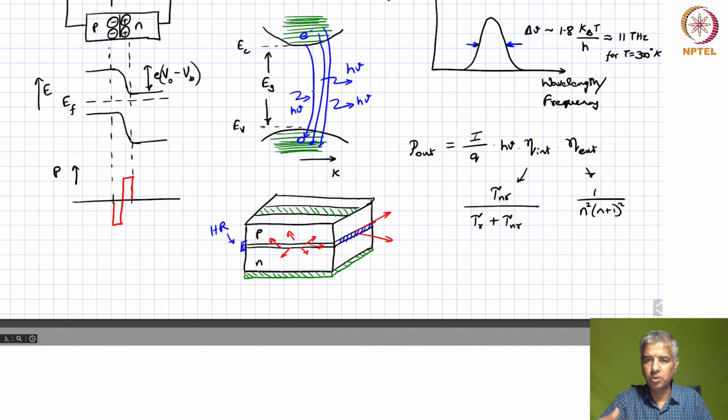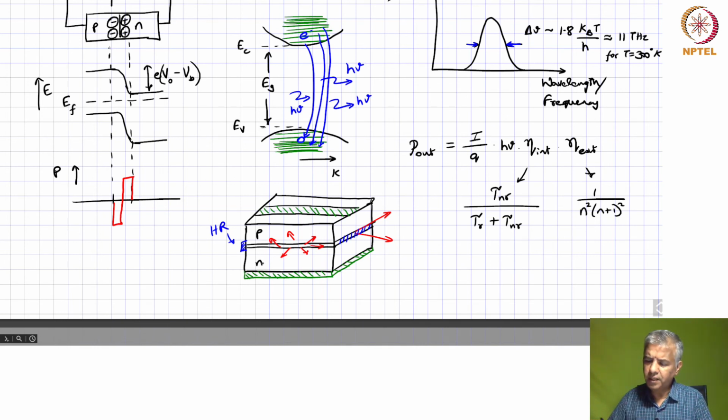Once you have stimulated emission happening within the structure, and that's what this mirror is doing, the mirror coatings on either side allow some of the light to bounce back and traverse along this active region, and in that case it can stimulate further transitions, and through that stimulated emission, now you could generate laser radiation, right?